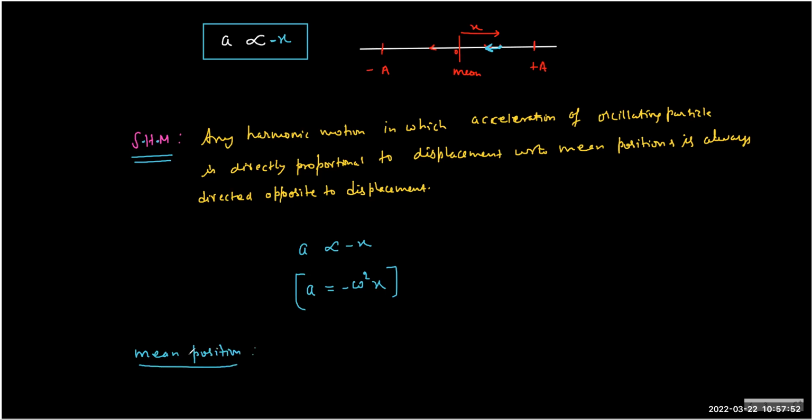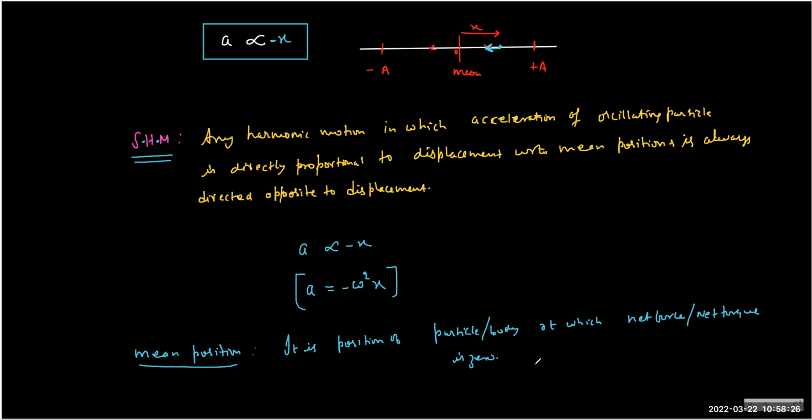It is the position of the particle or body at which the net force and net torque are zero. If we have a body, we think of torque. If we have a particle, we think of force being zero.